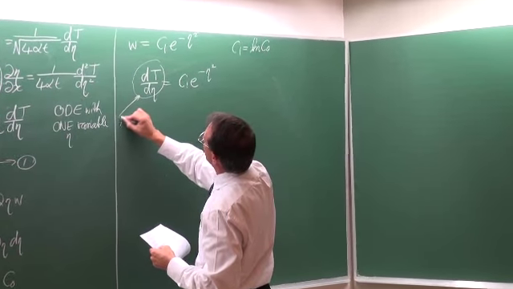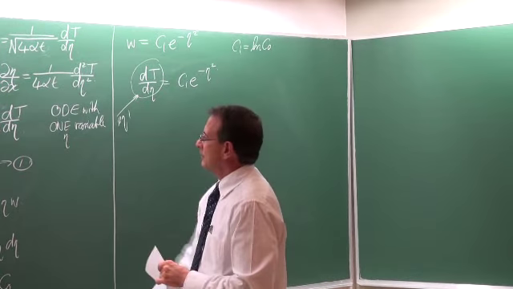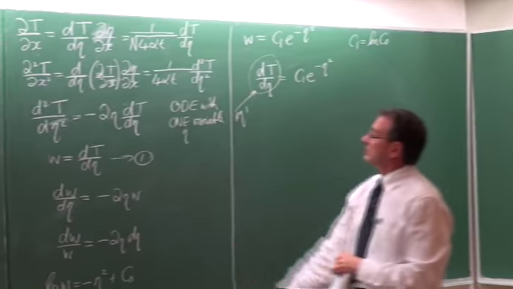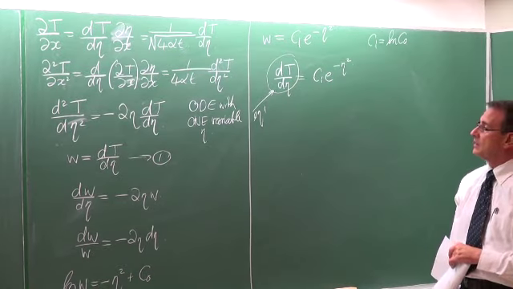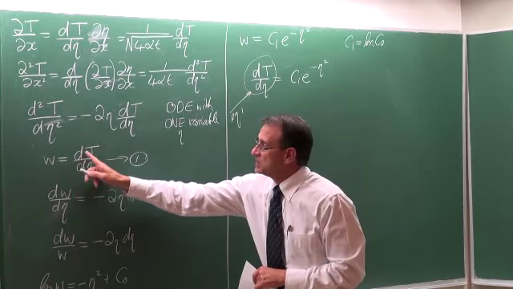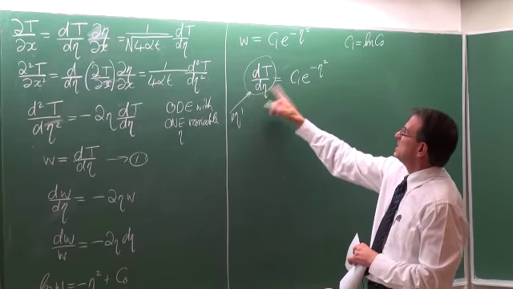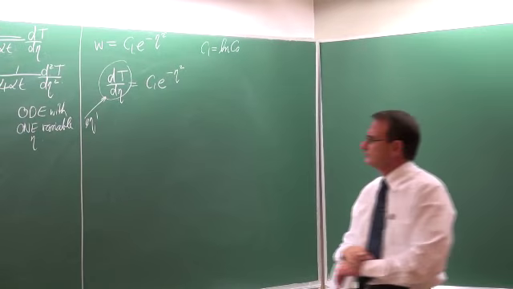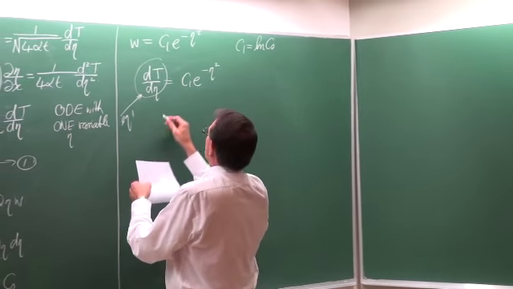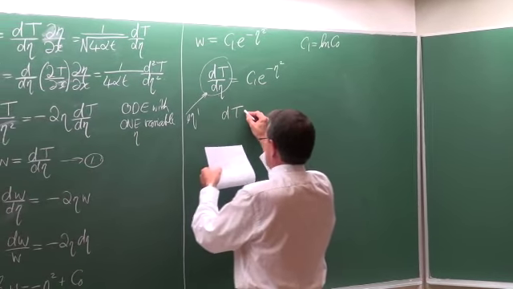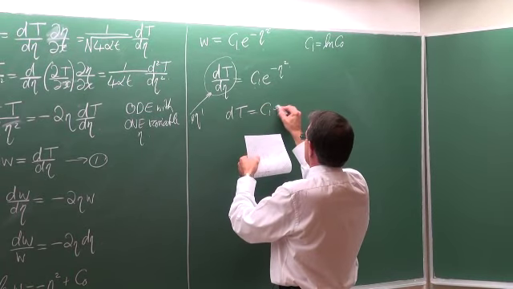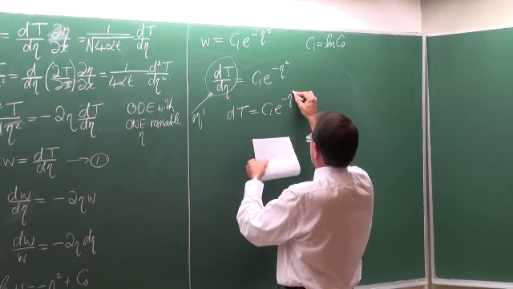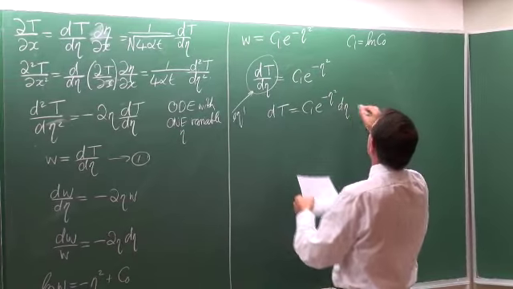From equation 1. W is equal to dT/dη. dT/dη is now equal to that. So dT is equal to C1 e to the minus η² dη.